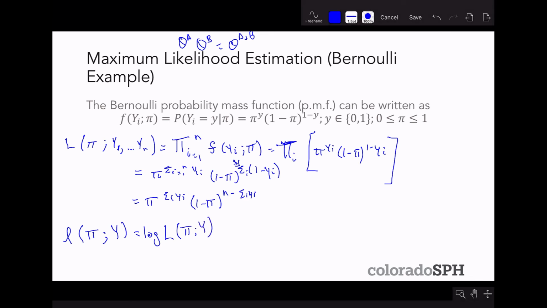We get that by taking the log of what we just calculated, and what we get is the sum over i of yi times the log of pi plus n minus the sum of yi times the log of 1 minus pi.